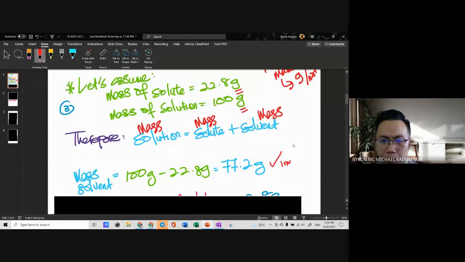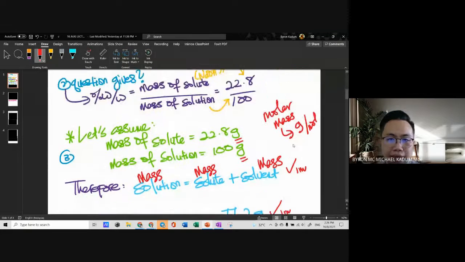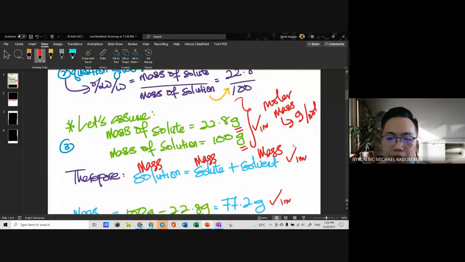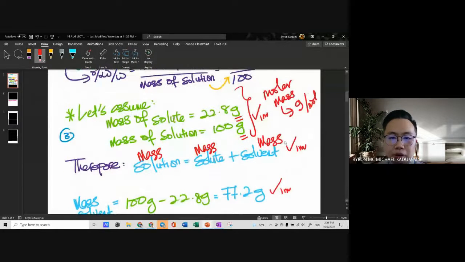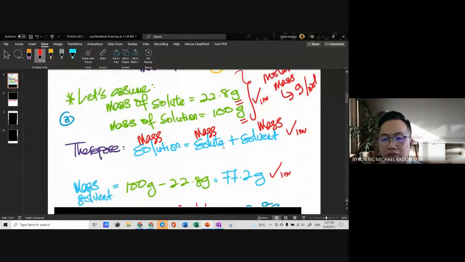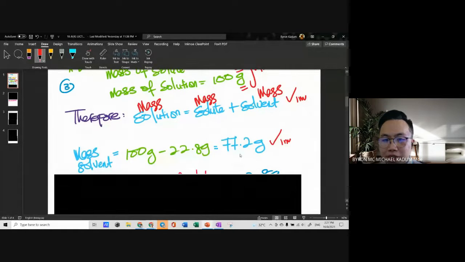Sebenarnya ini pun akan ada 1 mark juga in exams. And the assumptions over here, when you manage to do correct assumptions, you get another 1 mark. Now we have how many informations? We have information about the mass of solute, and then we have the information about the mass of solvent.